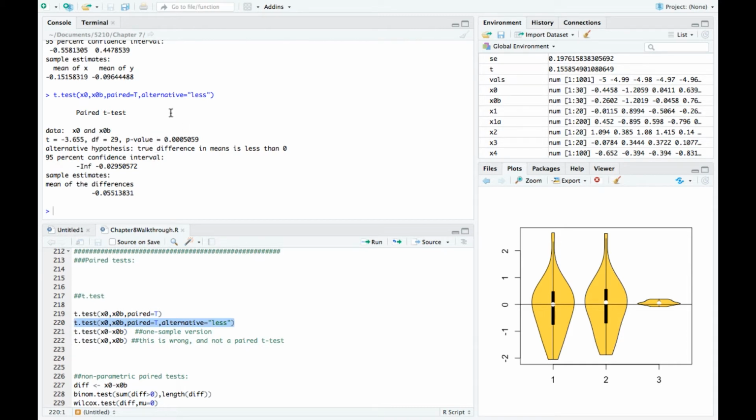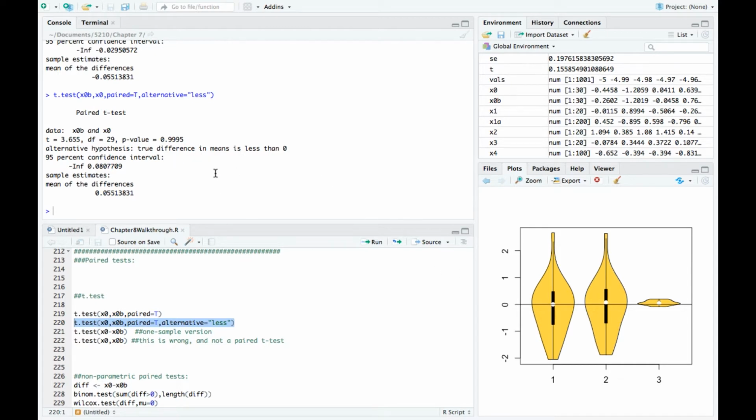So I've asked, because I think my intervention should improve things, I'm only going to care about if it makes things better, and here the p-value is very small. If I reverse these and used less, the p-value is very large now, and I don't see any evidence of a change.